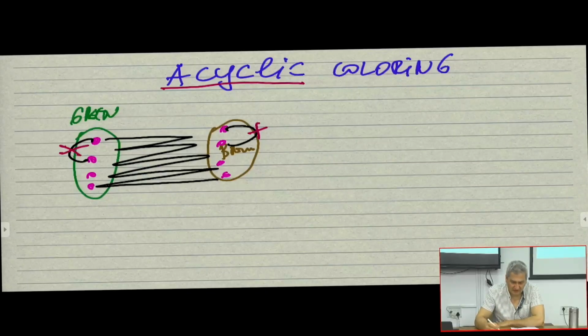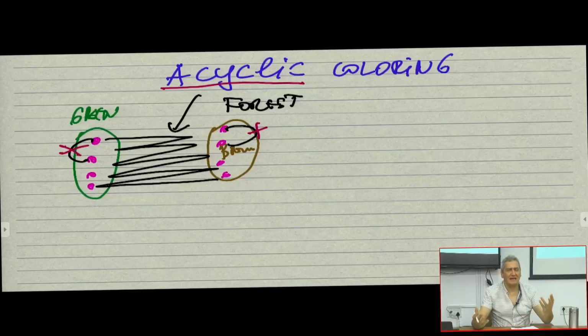So whenever we take any two colors, we will not have a cycle inside. Alternatively, we can say on every cycle we have at least how many colors? At least three colors, yes.